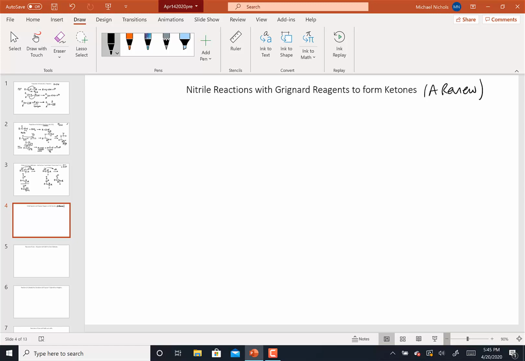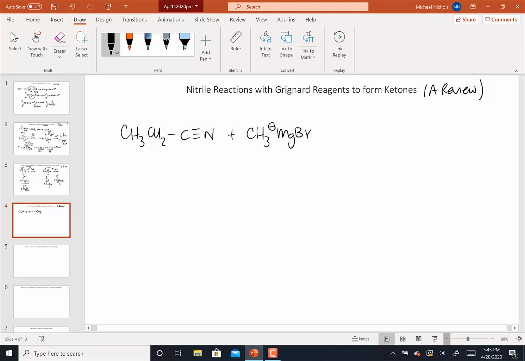A review. In other words, let me put some specific groups in here. If I take a nitrile and I add to it, let's say the methyl Grignard, followed by an H plus, H2O step, which always follows a Grignard reaction, what product do I make?